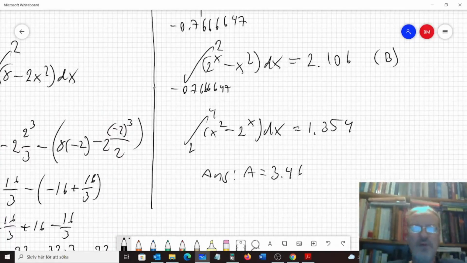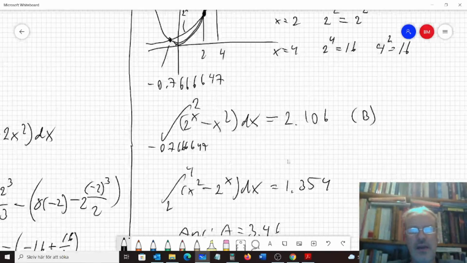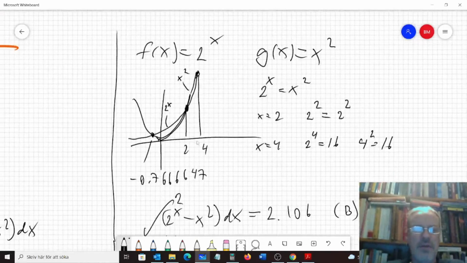So if you have two functions and it is a paper 2, you have access to the calculator, graph the functions. Even if it's not a paper 2, just try to graph the function or the functions and see if they intersect at some points, because you might have to split this into different integrals. Not too common, but it happens.